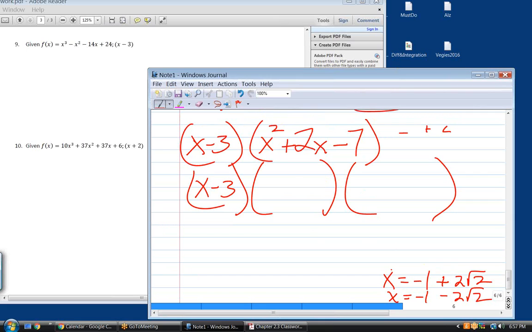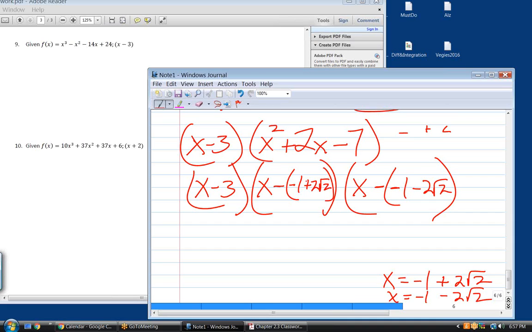Well, these factors are always x minus this, right? So that's what it is. X minus the quantity minus 1 plus 2 root 2. And x minus the quantity minus 1 minus 2 root 2. So those are your three factors.